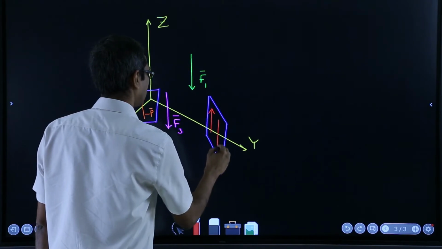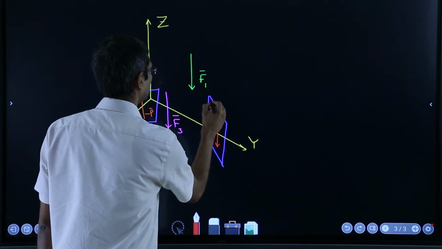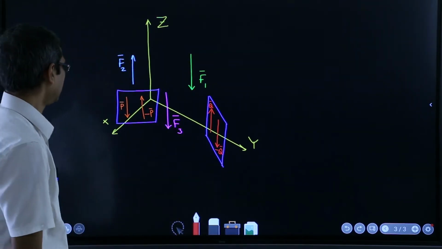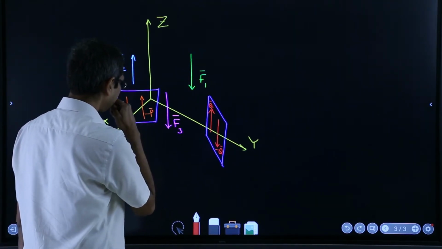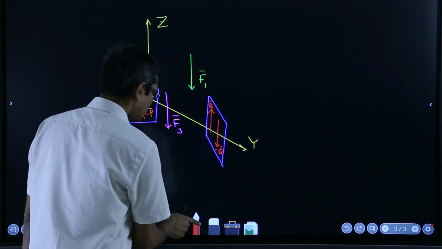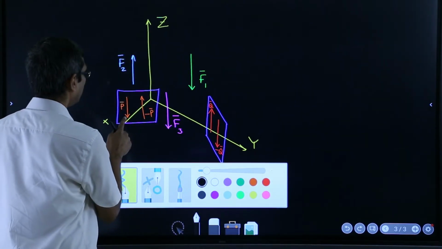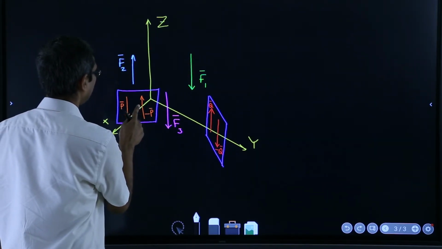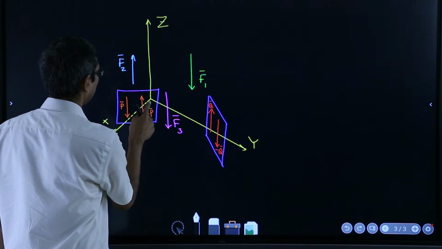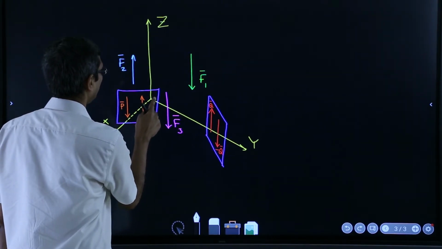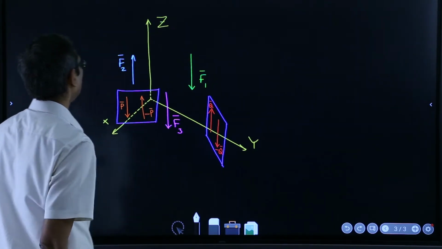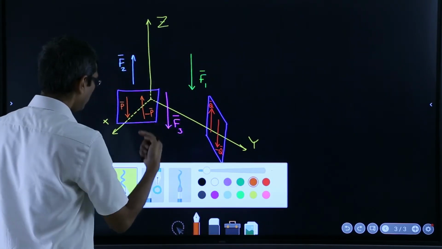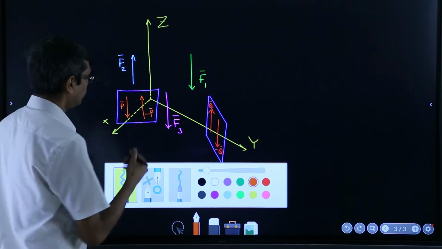Say this way and in this way, and say this one is Q and this one is negative of Q. For more clarity, I'll make it a dotted line to show that this is behind this plane.